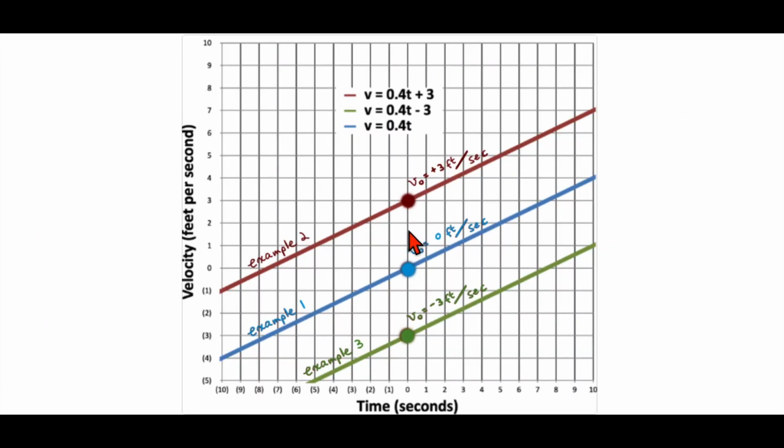So 7.5 seconds before example 1, and 3 feet per second faster than example 1, 6 feet per second faster than example 3, and 15 seconds before example 3 reaches this same velocity out here at 3 feet per second.